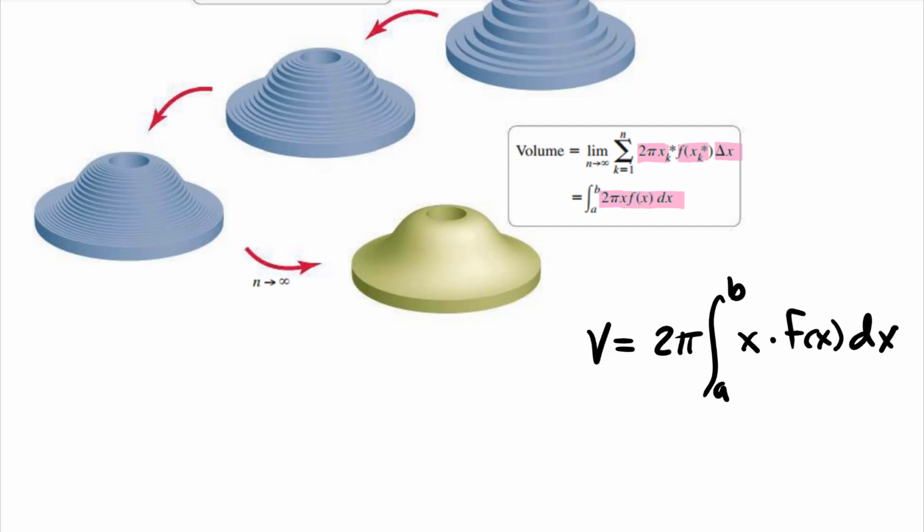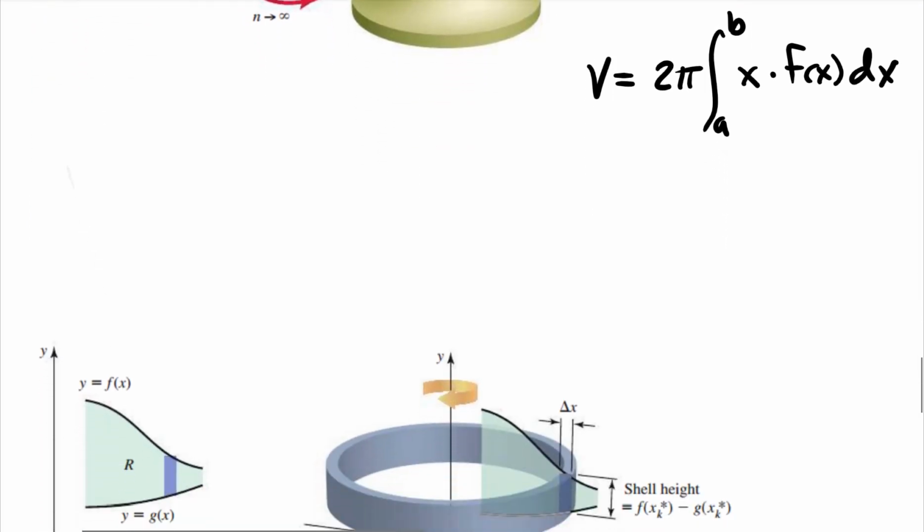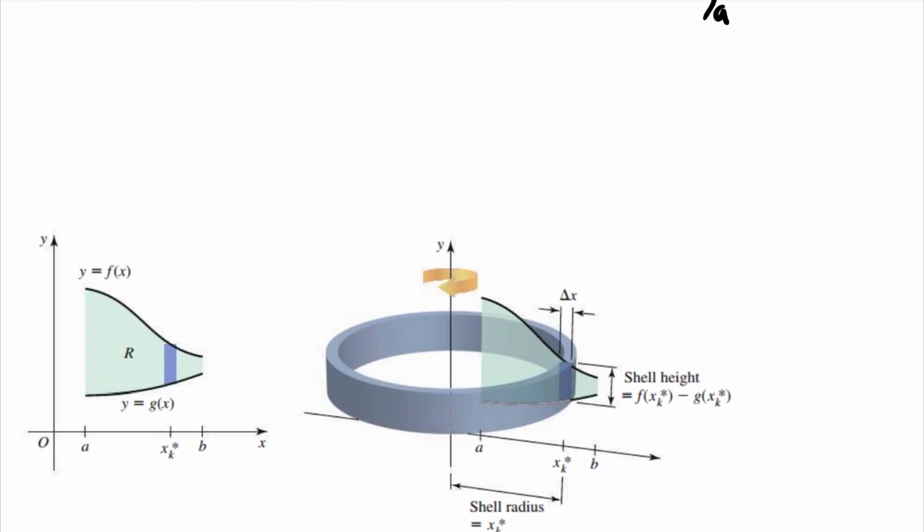But since we're here, let's just get it all done. Let's deal with the other thing. What happens if you have a top function and you have a bottom function? There's some distance between them. That's the difference in the height, the difference between the f of x and the g of x, where we would just have to subtract them out.